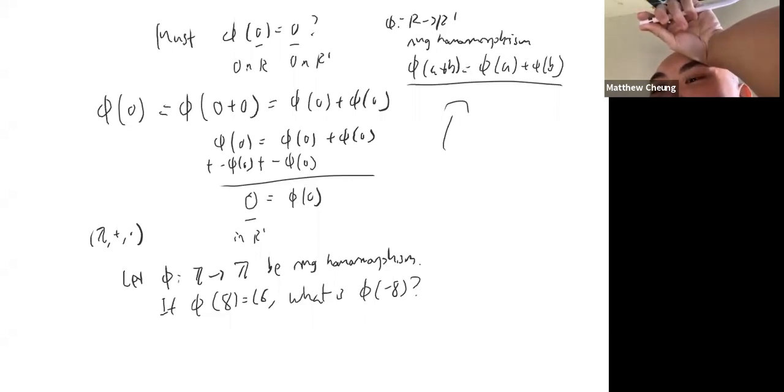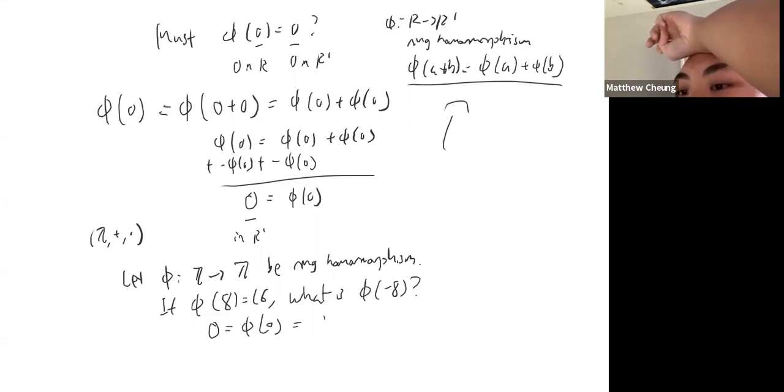Anyone? So let me start you. Let's start from here, right? 0 is phi of 0. But phi of 0, what's 0? 0 is just 8 plus minus 8, right?